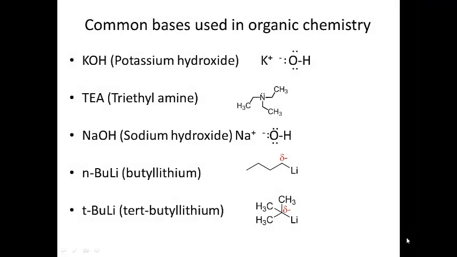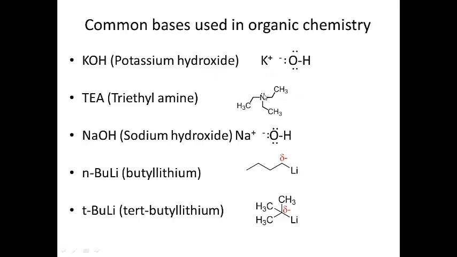So these are some common bases that you'll see in organic. Potassium hydroxide, also a similar base, sodium hydroxide shown here. Triethylamine is a very good organic base. Notice there are three ethyl groups, CH3, CH2, if you remember that from the other day when we were talking about the different alkanes.